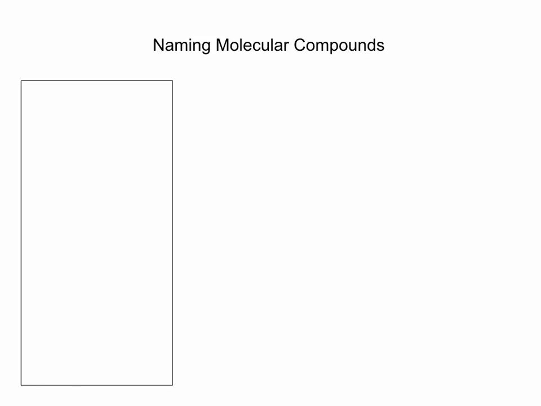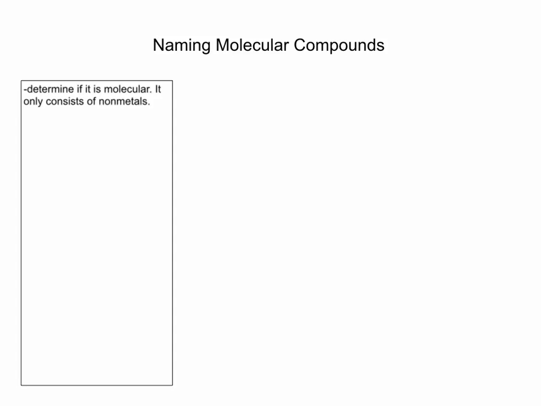How do we name molecular compounds? Well, the first thing we need to know is, is it a molecular compound? So first, determine if it is molecular. And this means it only consists of nonmetals.